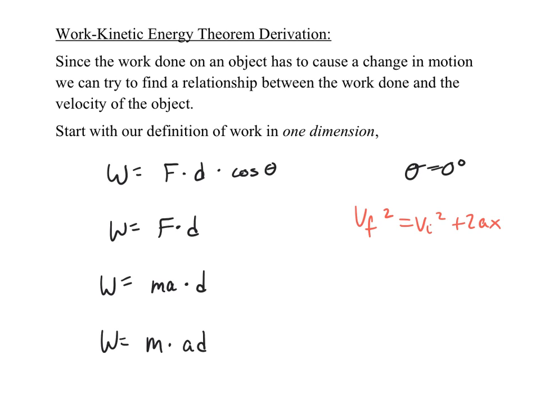So I'm going to replace x with d. It seems like not a big deal, but it is. Now I can see that in this formula I have AD. Over here I have AD. I can probably combine these two formulas.